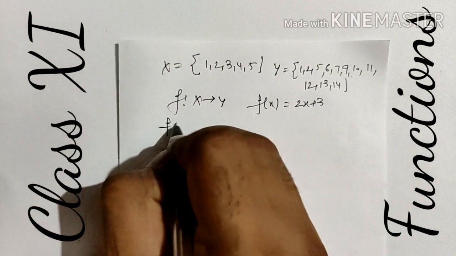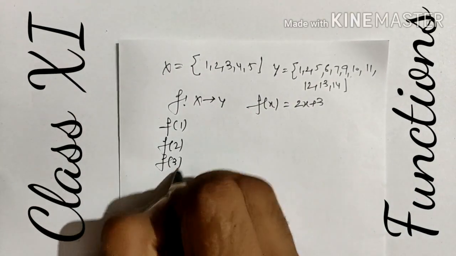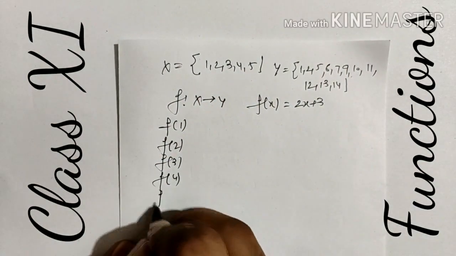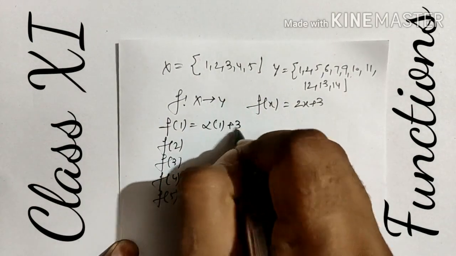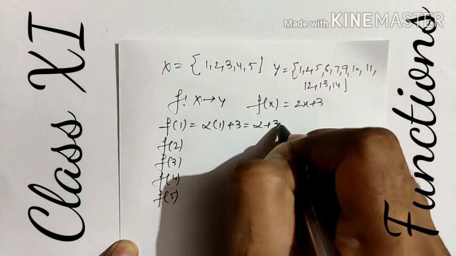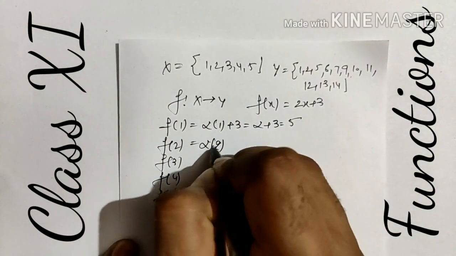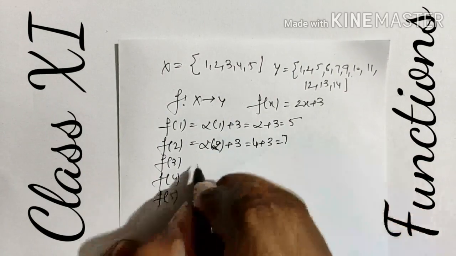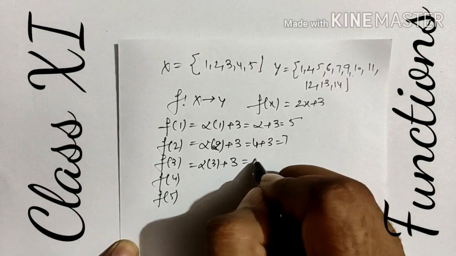If you see here, we replace the values of the domain, which are 1, 2, 3, 4 and 5. If we replace x by 1 and simplify, we get this answer. If we replace 2 and simplify, we get this answer. And for 3 we get this one.